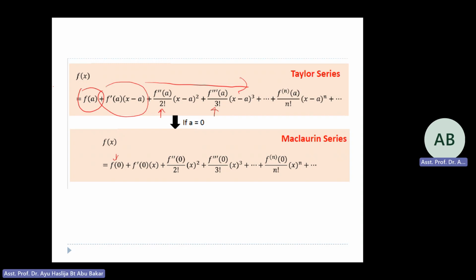Right, for true error, for the first value, you will have a value because we are using true value, not the approximate value. Okay, so here you will have value.